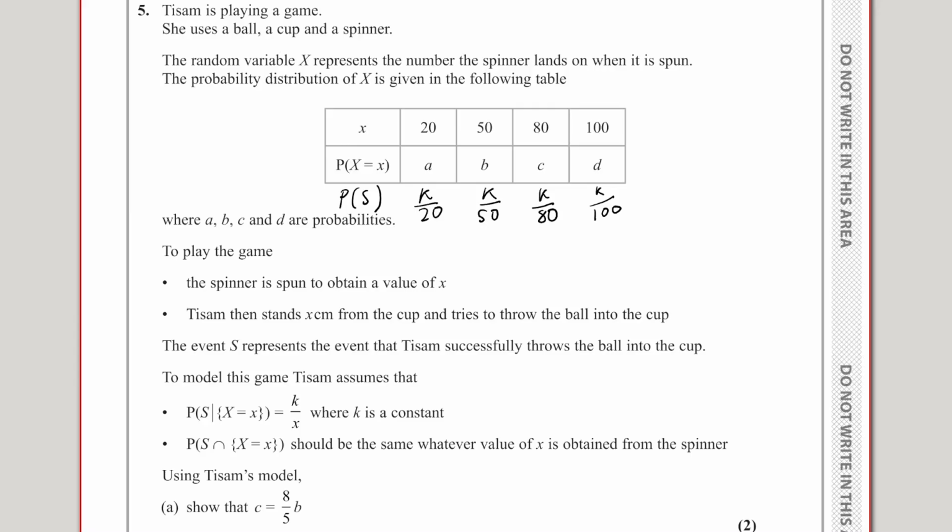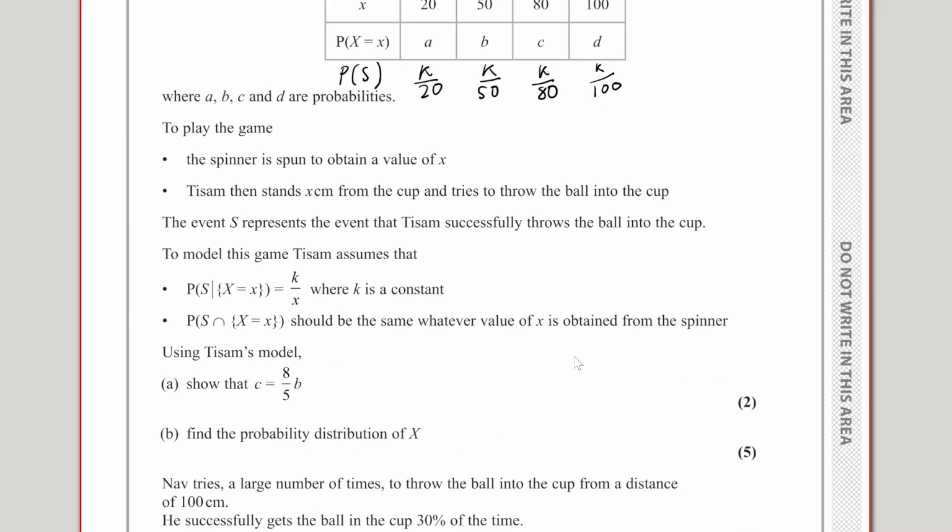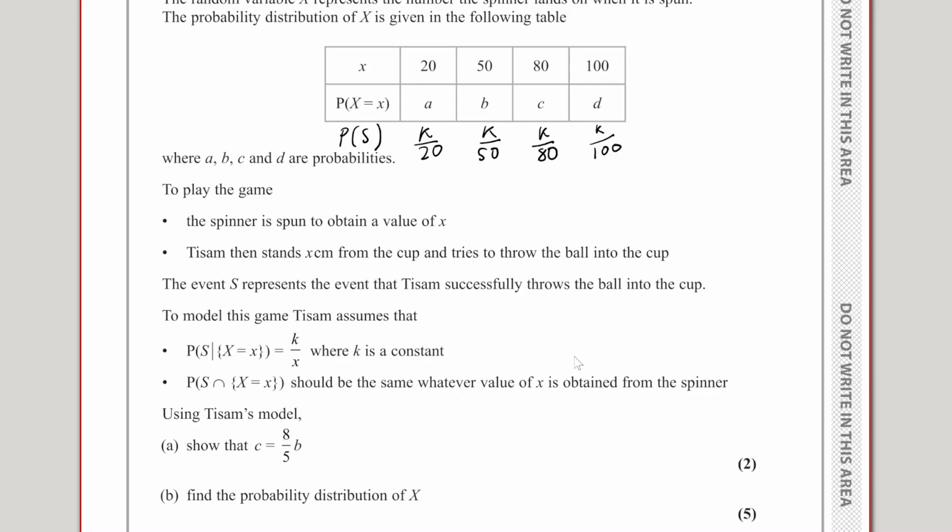Okay, so using Tissam's model, show that C is 8/5 of B. So C should be bigger than B in order for the chance of getting it in to be the same. So we're going to use the probability of S times the probability of X is the same for all of them.